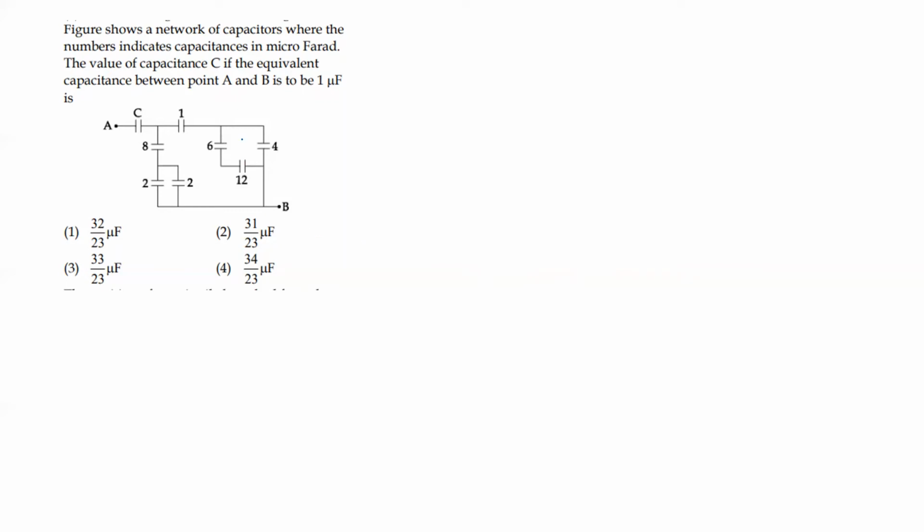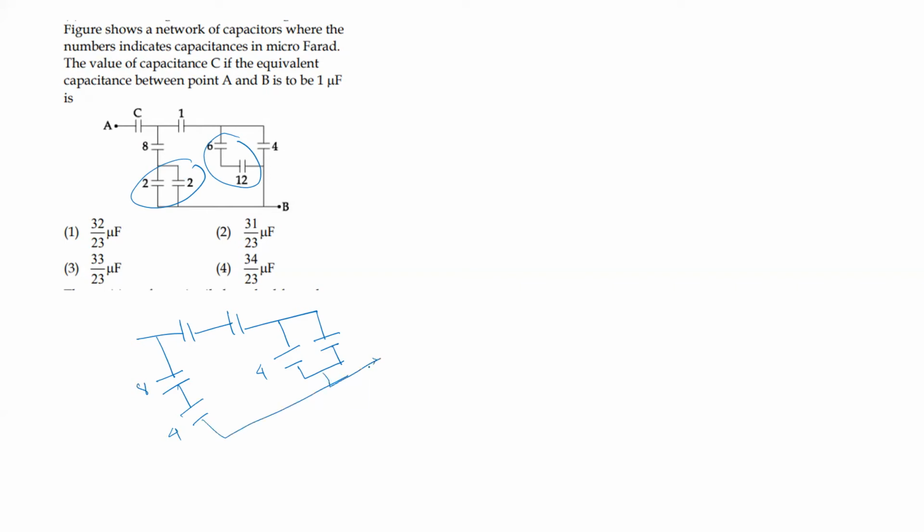So first decide this 6 into 12. So first find out that capacitance. This will become 4 equivalent capacitance because the combination is what? Series combination. Now this is a parallel combination. This will become 4. Parallel combination is C1 plus C2. Now this is the situation, right?